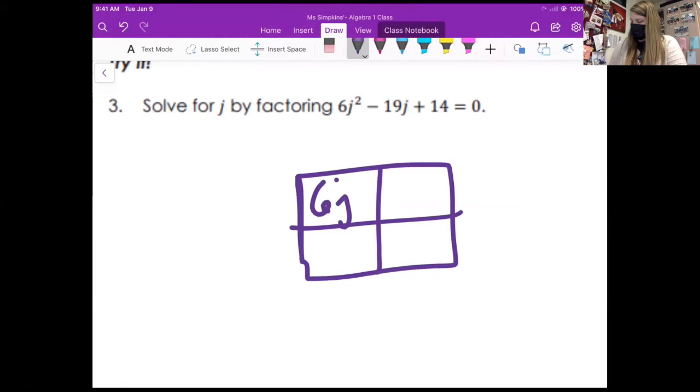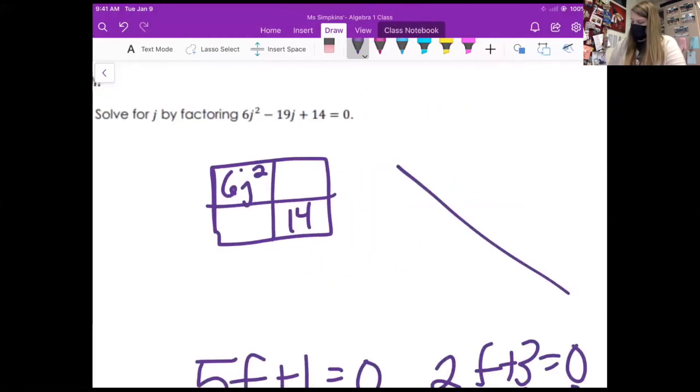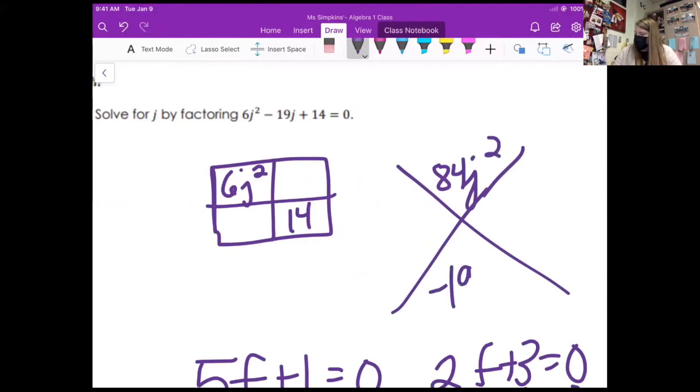So 6j squared and 14. So 6j times 14 is 84j squared. And then we have -19j. So the factors that multiply to get 84 would have been -7j and -12j.